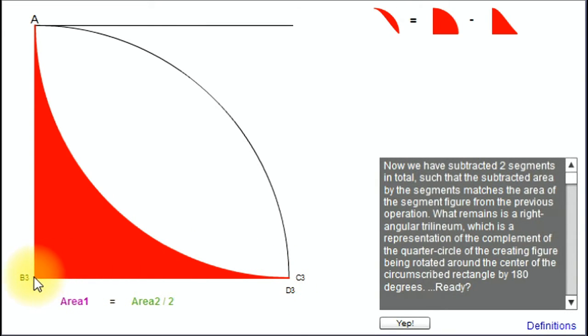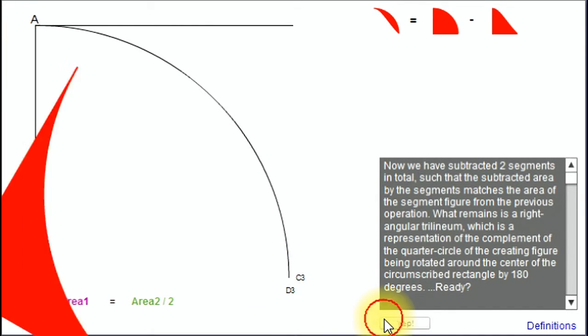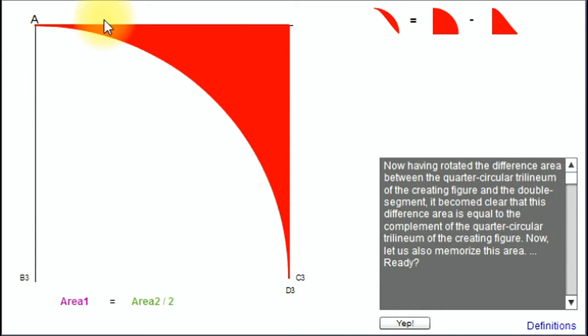And since we know that this area of the circumscribed rectangle is basically the square of the radius of this quarter circle figure, we know that this is a symmetrical construction. So hence, if we say that we sort of rotate this red area, then we can show that it is actually the same as our complementary area which we stated before.